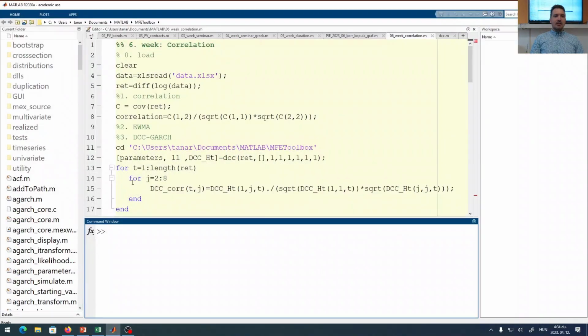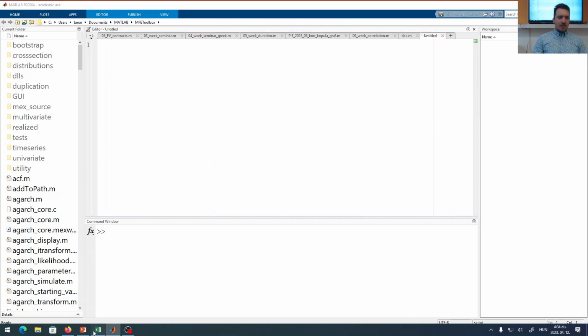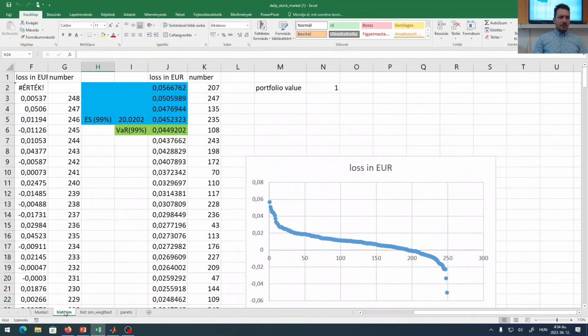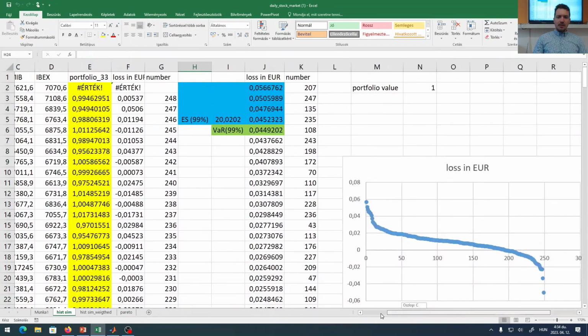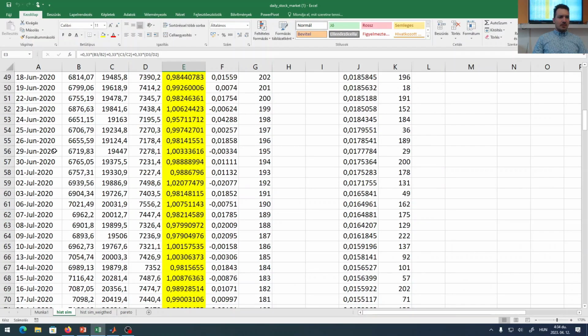Before we do any examples, let's run our data set. I collected some past data to see what happens here and there.